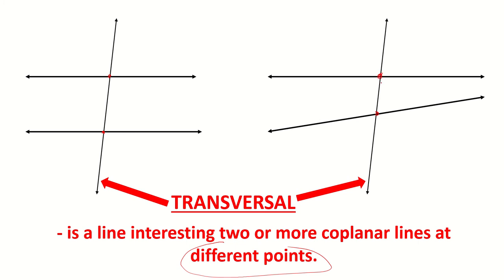These are the intersecting points of our transversal to the lines given to us originally. I repeat, the transversal can exist even if the lines being cut by the transversal are not parallel.